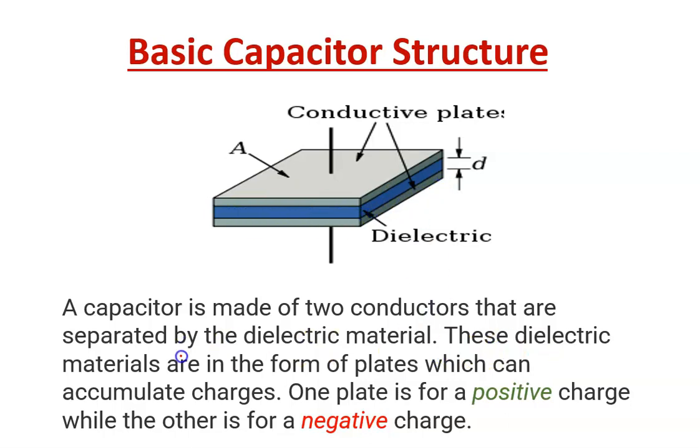The dielectric material has a special property that it can store charges. And in these plates, d is the distance, A is the area of each plate, and one plate carries positive charge and the other plate carries an equal amount of negative charge. So this is the basic capacitor structure.